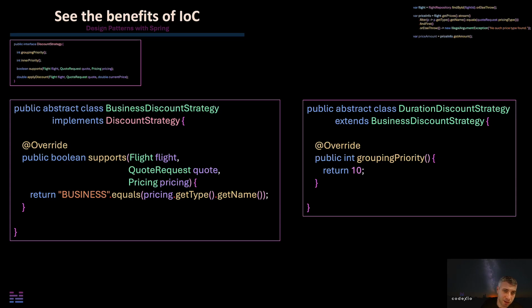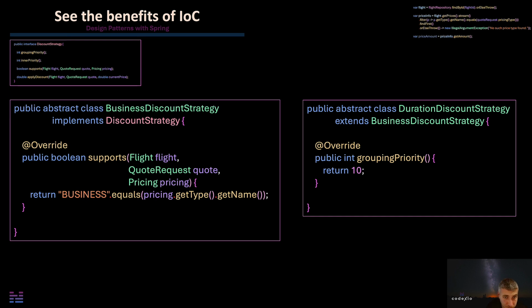So the things that will happen for the duration, whether the duration is 10 hours, 15 hours, or 2 hours, or whatever it is, these things are going only to be applied if the parent supports method succeeds, which says, okay, my supports method says I need to have pricing type business.